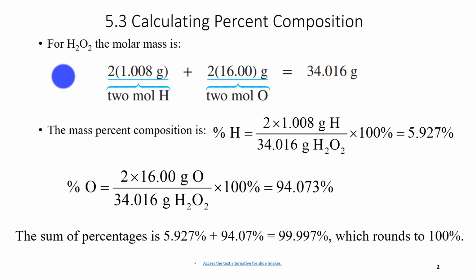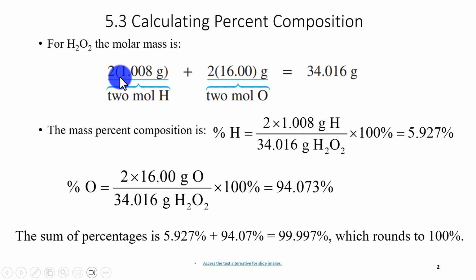We should be familiar with this by now because we've been doing it for a little bit of time, but we figure out how many moles of each element we have. We have 2 moles of hydrogen. So to figure out the mass that comes from the hydrogen, I take however many moles I have, so 2, multiplied by the molar mass of hydrogen, which is found underneath it in the periodic table.